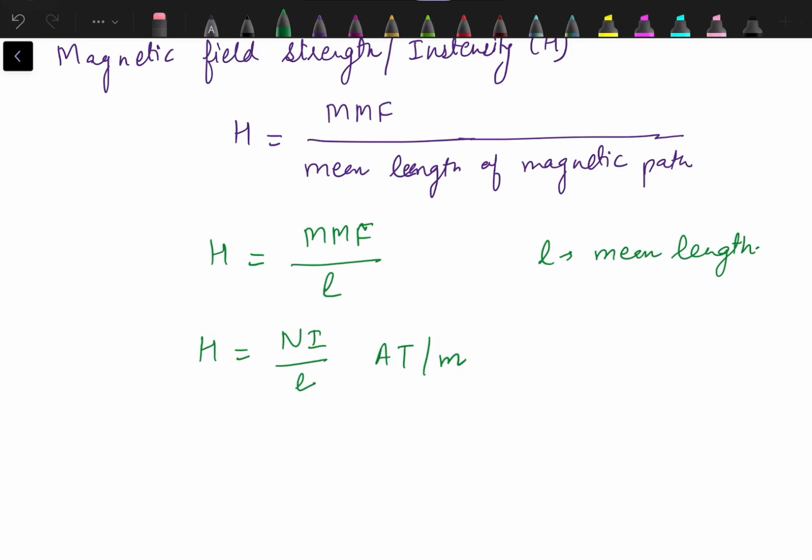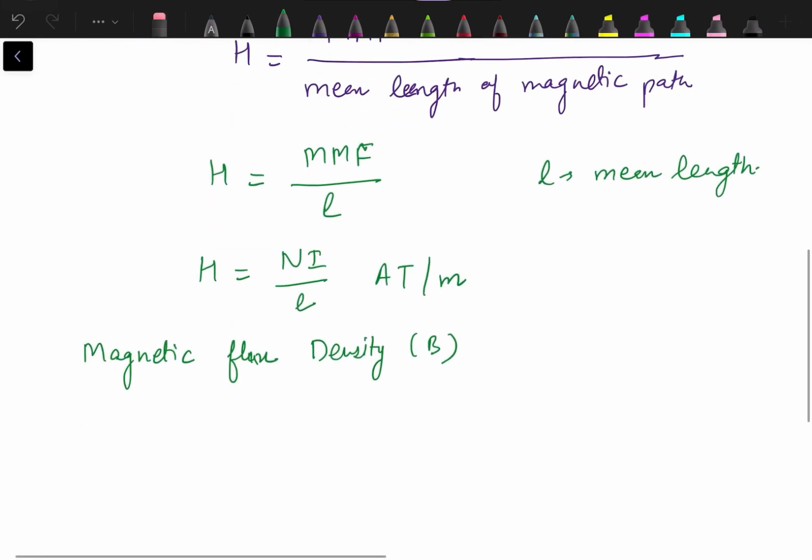Then we have magnetic flux density, which is denoted by B. So this magnetic flux density is actually flux per unit cross-sectional area.